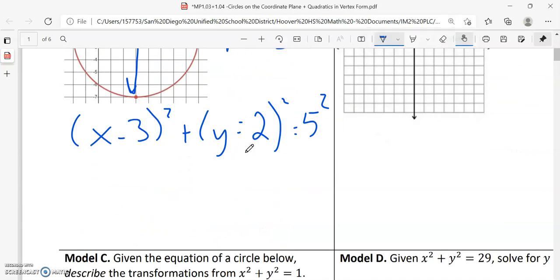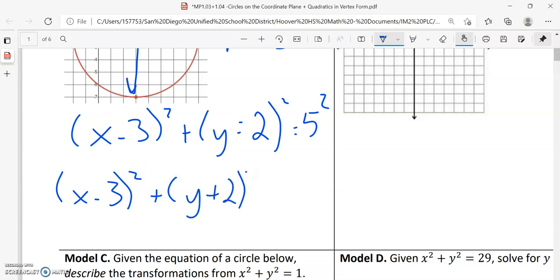Let's rewrite that a little cleaner: (x minus 3) squared plus (y plus 2) squared equals 25.